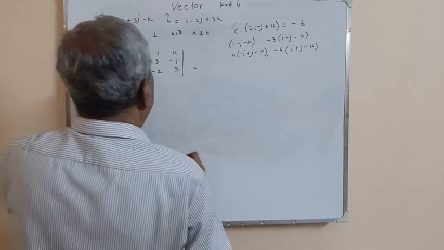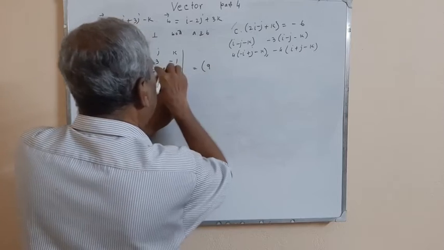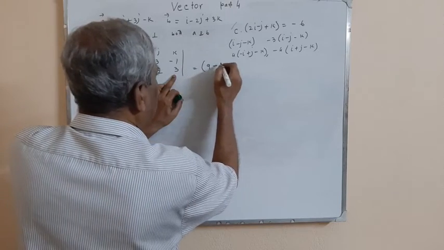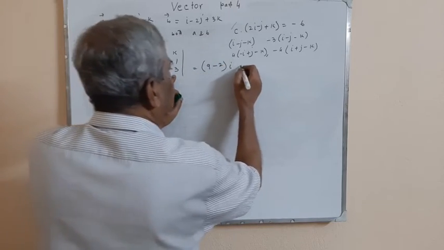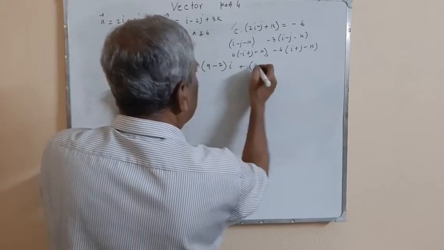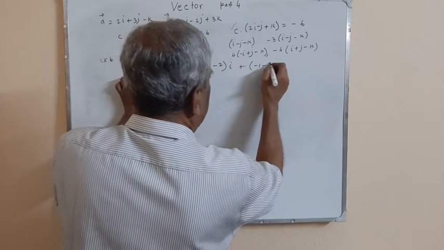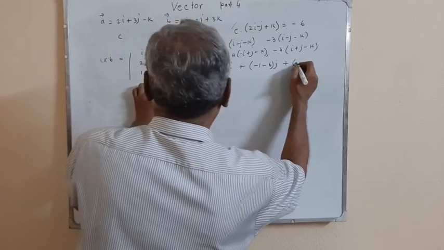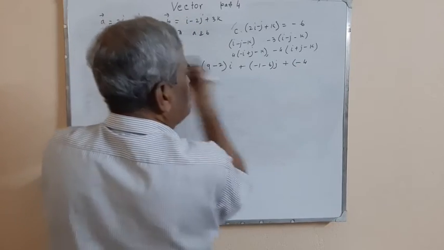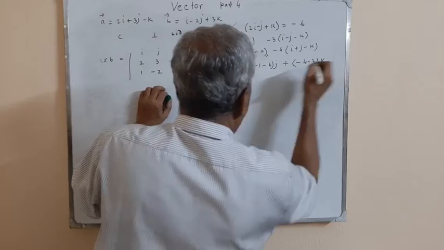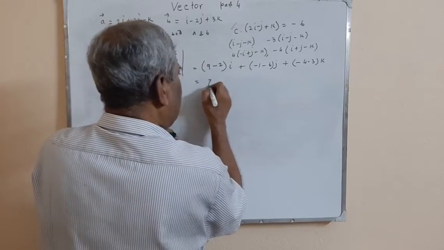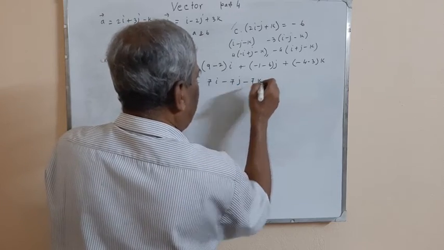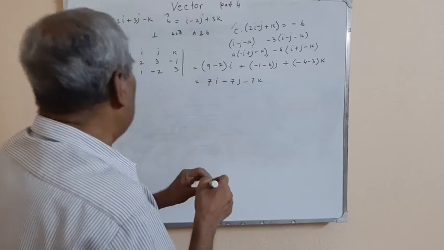So it is equal to i into (9 minus 2), minus j into (6 plus 1), plus k into (minus 4 minus 3). So that is 7i minus 7j minus 7k. This is the vector A cross B.